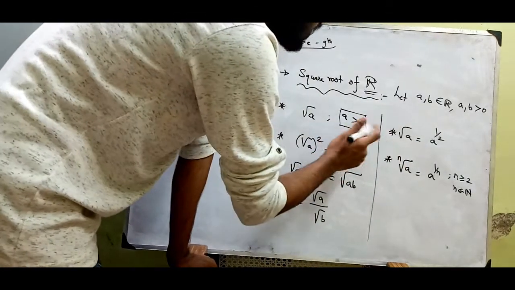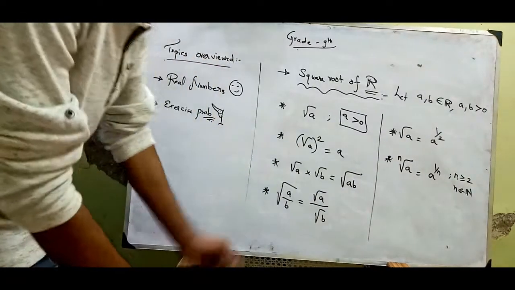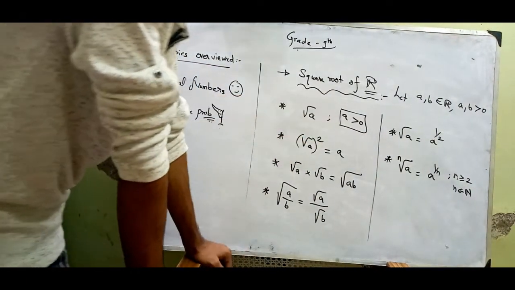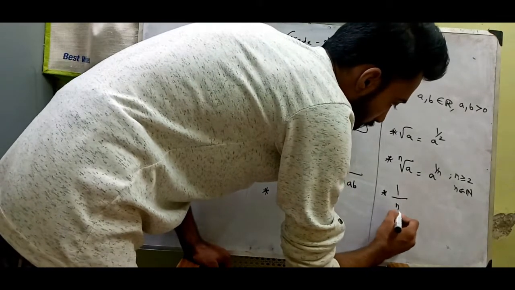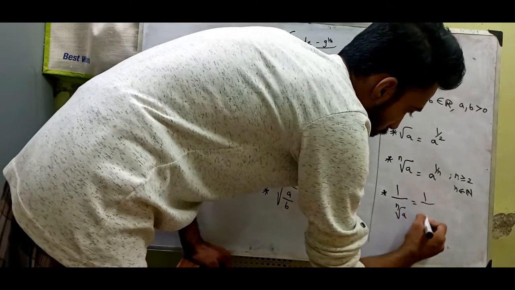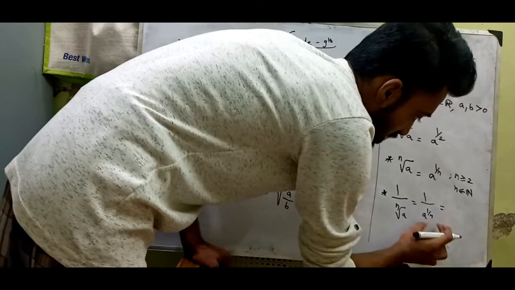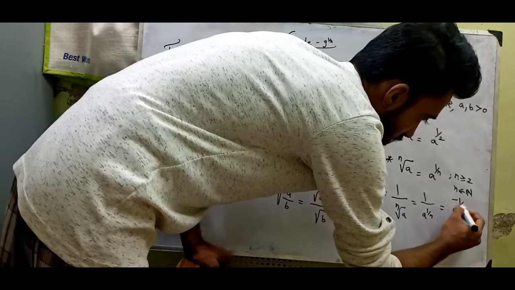As I said, A and B should be greater than 0; you have to keep this in mind. Also, 1 by the nth root of A, that is 1 by A to the power 1 by n, we can write as A to the power minus 1 by n.